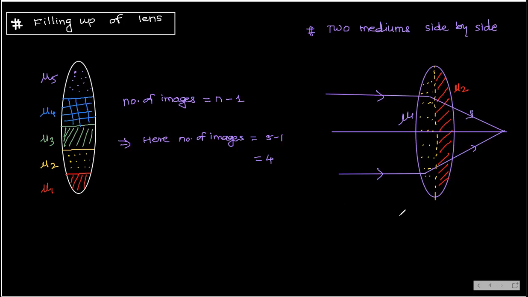So for this structure, you will have only one focal length, and therefore only one image it will produce. Okay, one focal length, one image. Is that clear? Note these points. If they ask you a question like that, you should be able to answer.